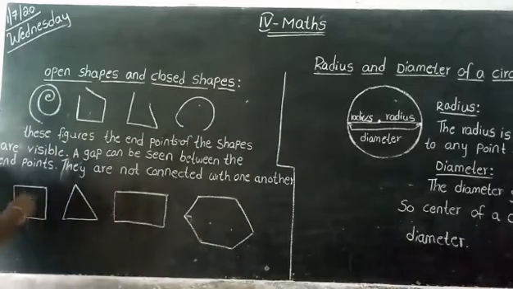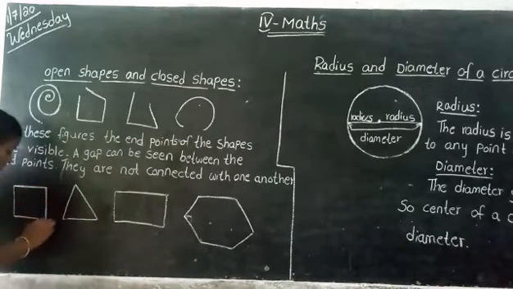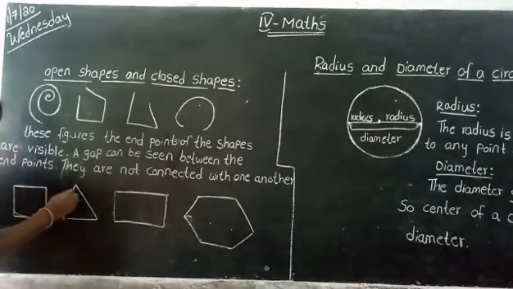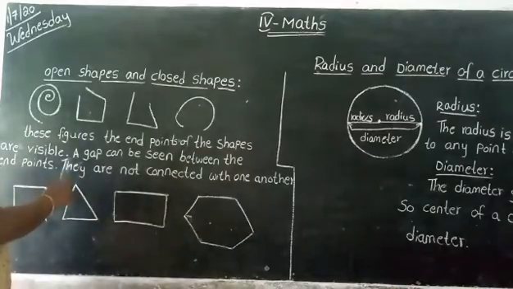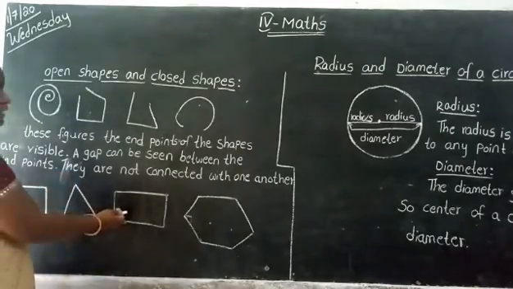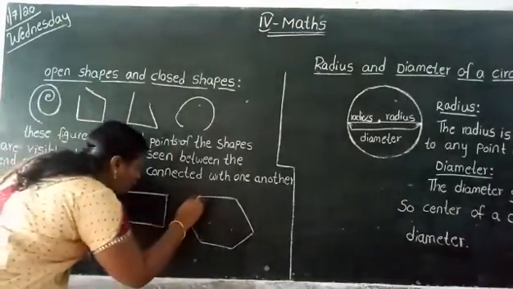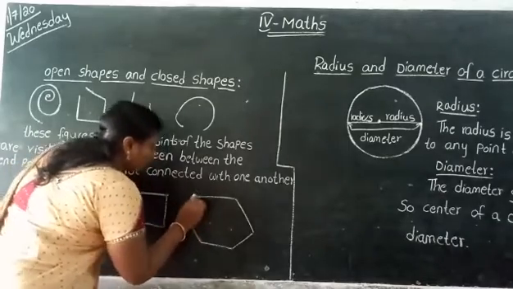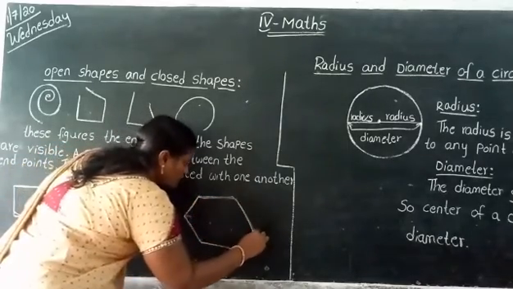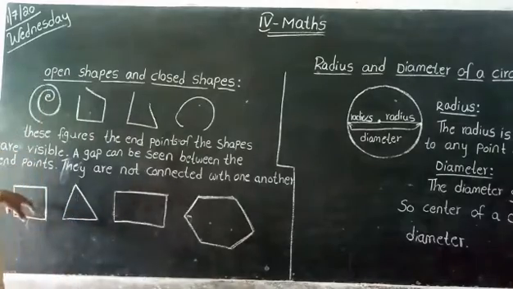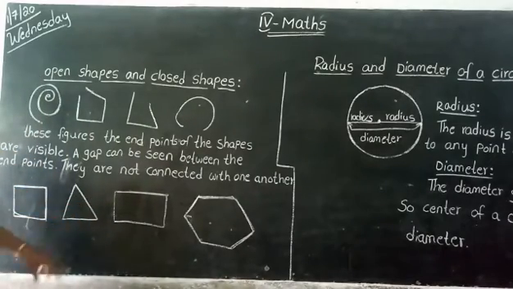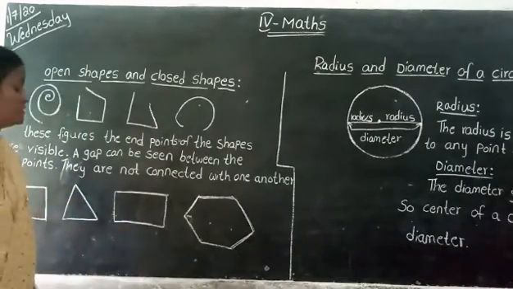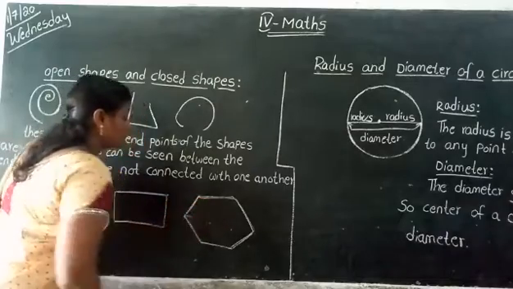And next, see here, this is a square, triangle, rectangle, and one more shape is there. See here, in all these shapes we can't see the two end points.